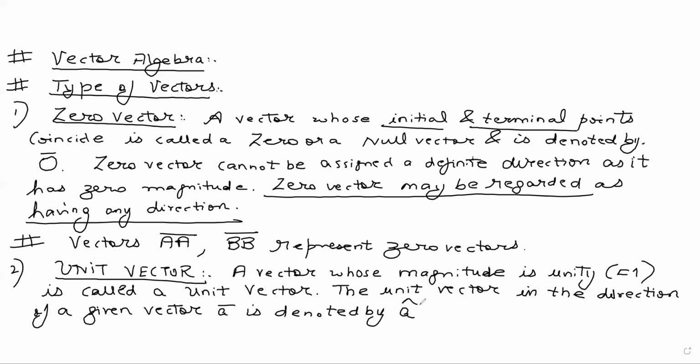If you draw a cap on the top, it means it's a unit vector. It has magnitude equal to 1. So I'm quickly revising it. A unit vector is that vector whose magnitude or length is exactly equal to 1. Suppose I talk about a given vector A bar. The unit vector in the direction of this given vector A bar is denoted by A with a cap on the top.